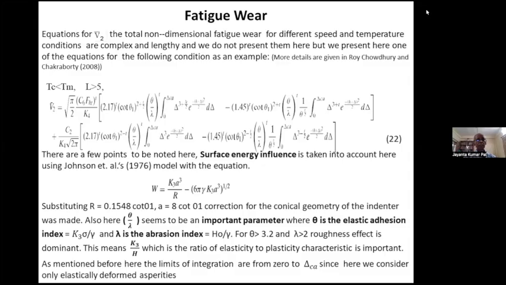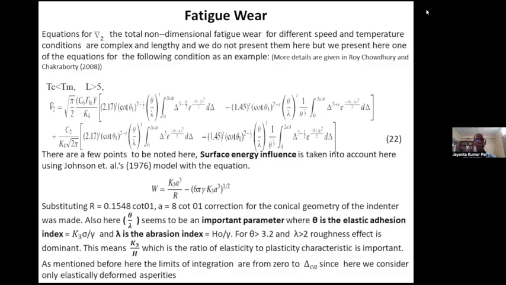We also may note in the equation 22 that theta by lambda seems to be an important parameter. This has been noted earlier in all the equations. Here, as we said earlier, theta is the adhesion index and lambda is the abrasion index.